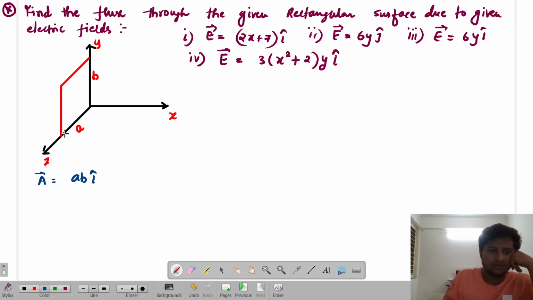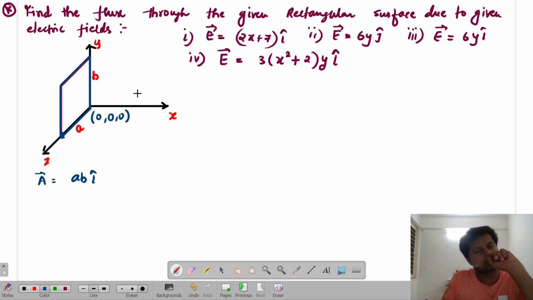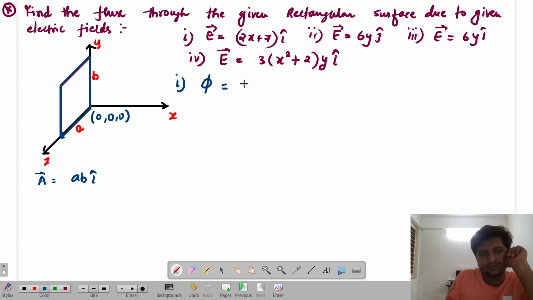Now you have to think about where this particular area is present. What's the coordinate of this area? Look into that area. It is at 0 comma 0 comma, isn't it? So now for the first case, when the electric field is this, the flux is E vector dot dA vector, but the area is uniform, so A vector.